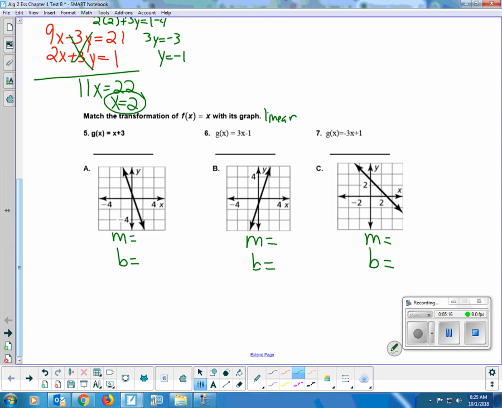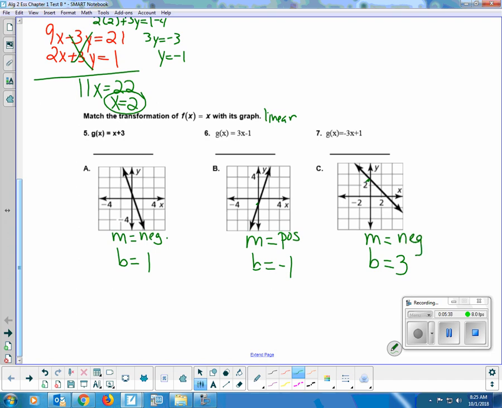Looks like the scales are all by 2, so be careful. So on A, it looks like the y-intercept's at 1, and it's a negative slope. For B, it looks like we're at a negative 1 and positive slope. And C, it looks like we're at 3 and a negative slope.